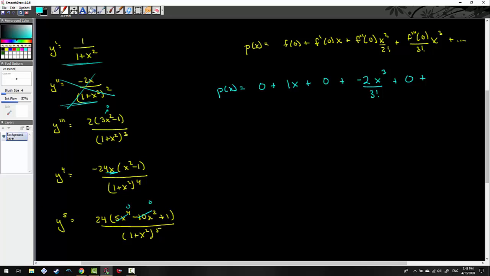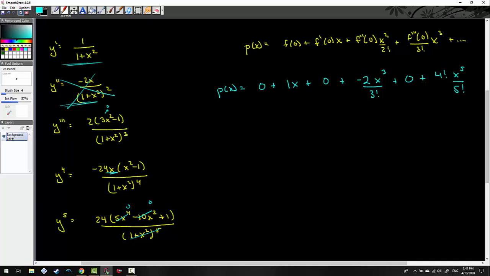But I'm not going to write him as 24. I think you'll know how I'm going to write him down. The 1 plus 0 to the 5th is going to get me 1, so he doesn't really matter. Instead of calling him 24, I'll call him something a little more explicit. I'm going to call him 4 factorial, x to the 5th over 5 factorial.